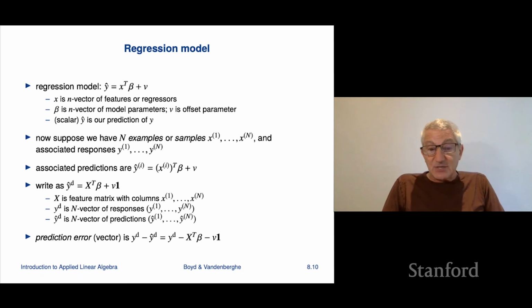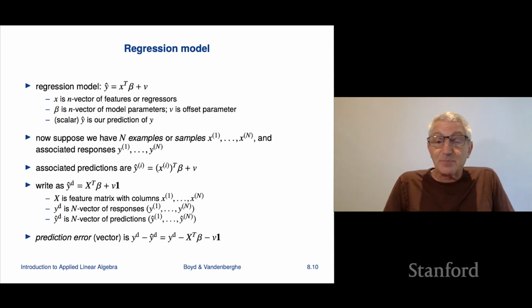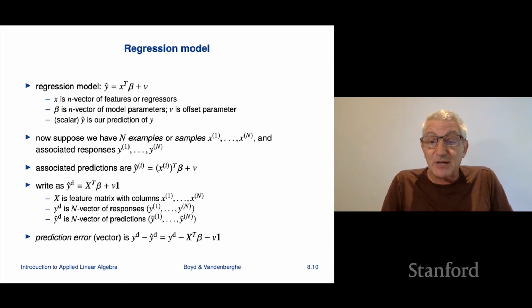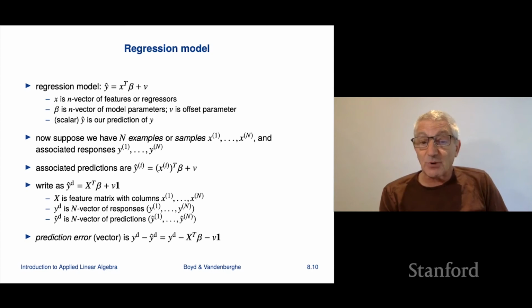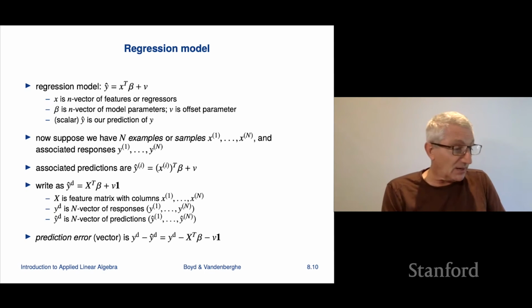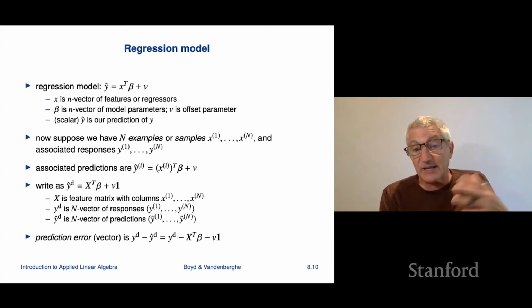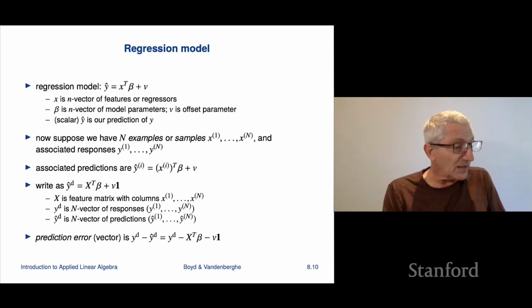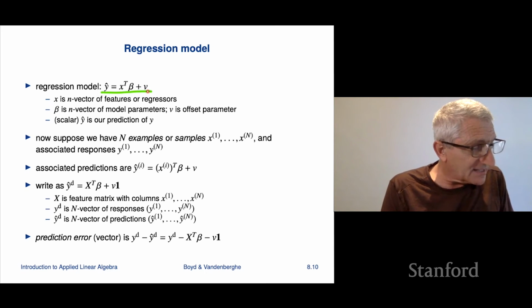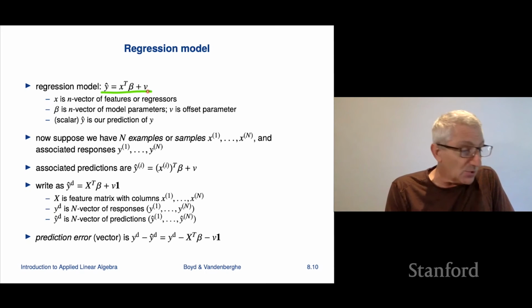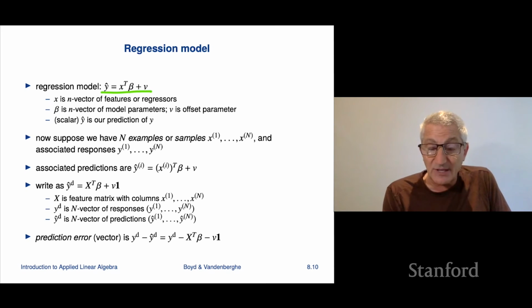Another one where it comes up is in statistics, machine learning, and prediction. It's called a regression model. You've already seen this before, but here we can actually stack it into some vectors, and I'll explain how that works. Okay, so the regression model, remember, looks like this. It's y hat equals x transpose beta, or the inner product of x and beta, plus v.